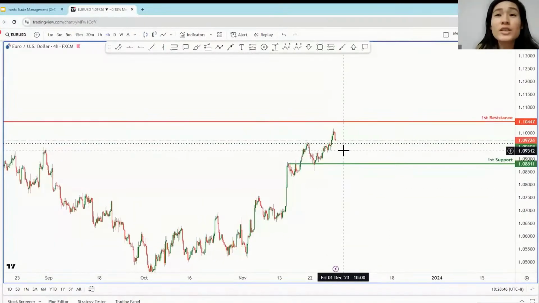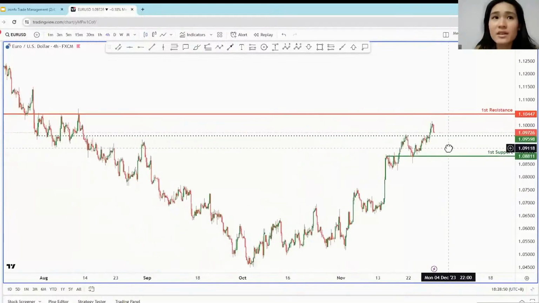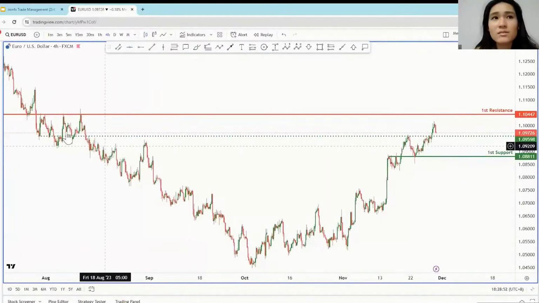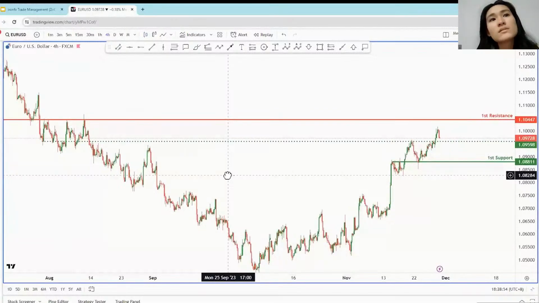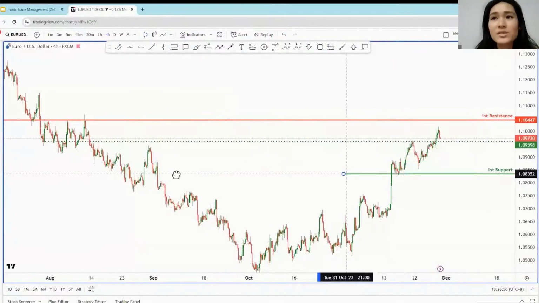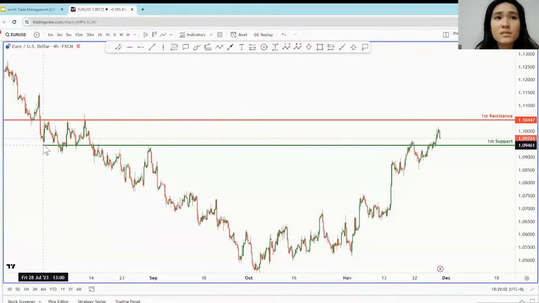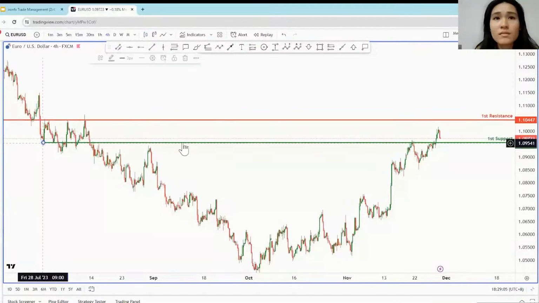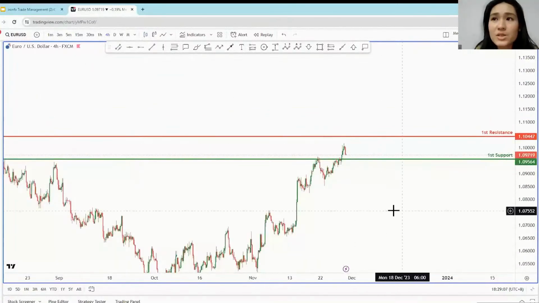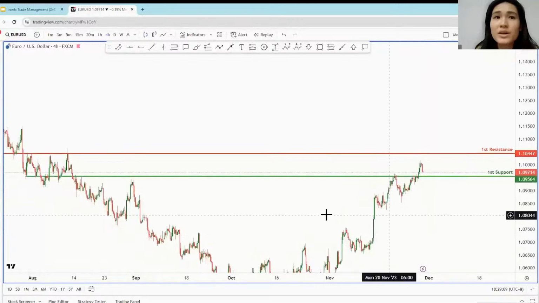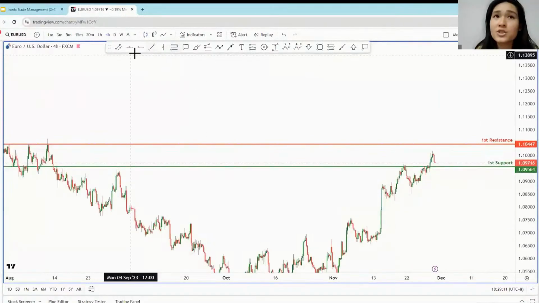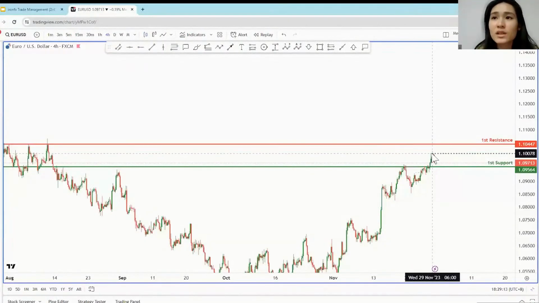Now it's an intermediate support level because it's very close to where price currently is at. No, I'm gonna place my first support here instead. So if price reverses off of our first support, then we can go in for the buy entry. My intermediate resistance is here instead.